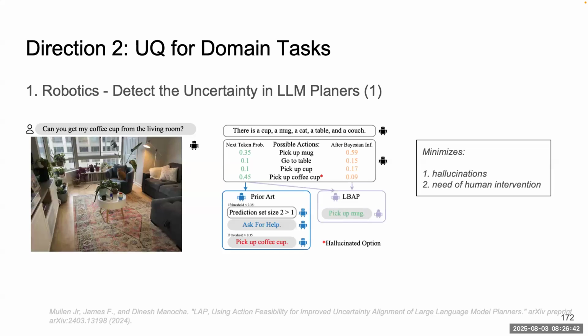When the user asks, can you get the coffee cup from the living room, the robot first grounds its perception in the scene. If there's only a cup, a mug, a cat, a table, and a couch in the image, and it doesn't have any mug or cup in the image, the subtask will not be executed, even though it's generated by the language model. So it's an additional layer trying to ground the probabilities with the actual scenes.